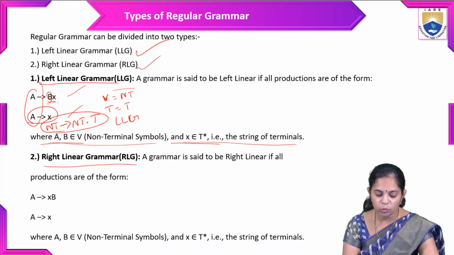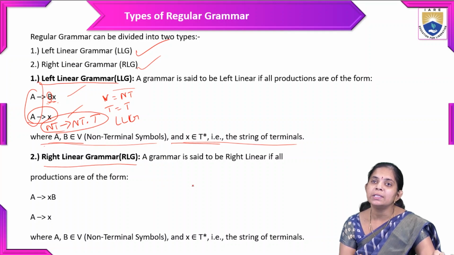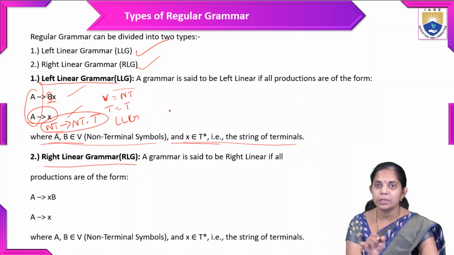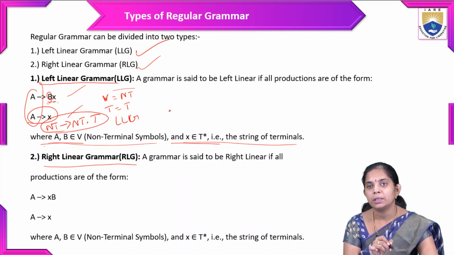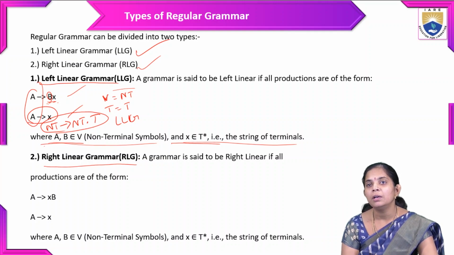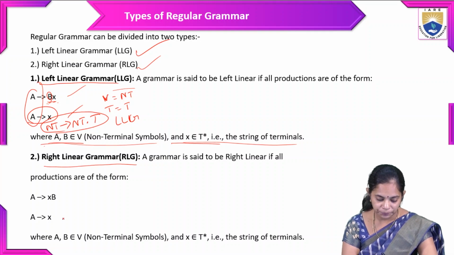Coming to right linear grammar, on the right side we have to write the non-terminal values. In the left linear grammar, we first wrote the variables, then the terminals. But here it is different: we first write the terminal and then the variable.